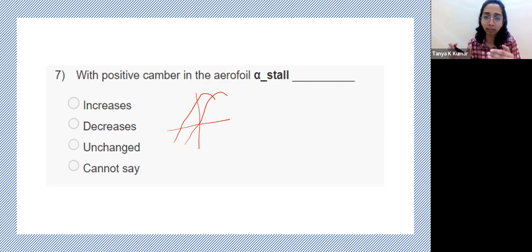So all of those properties that are associated with alpha are shifted towards the negative side of the x-axis. The x-axis in this case is alpha. Suppose this was your alpha stall, it has moved to this side now. It has reduced, which is why with a positive camber, the alpha stall reduces. It stalls at an earlier angle. Like he said, flow separation occurs prematurely.